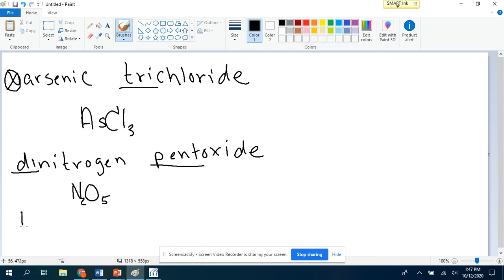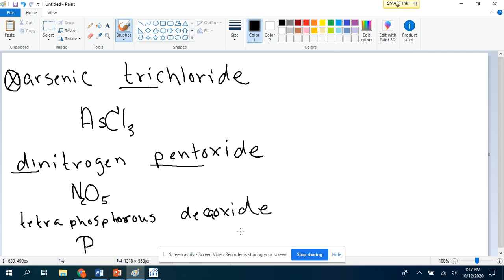Tetraphosphorus decaoxide. Tetra. This is a long one, sorry. Decaoxide, I think. Okay. Phosphorus, tetraphosphorus.